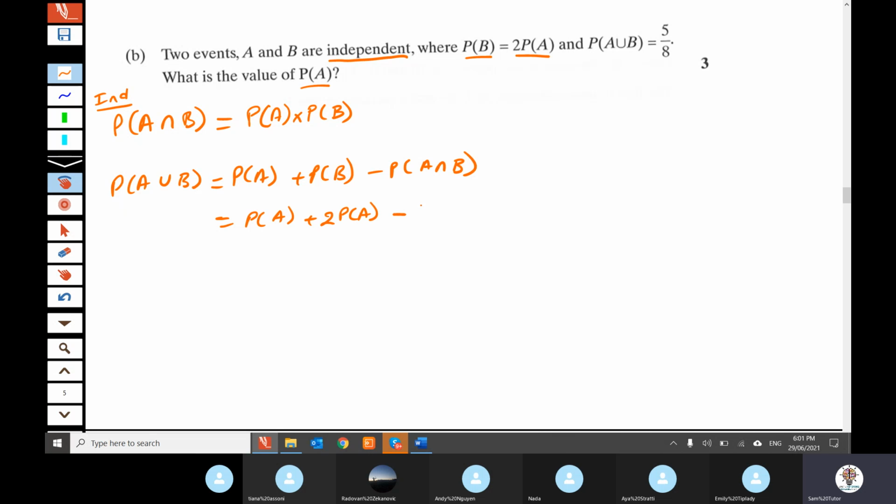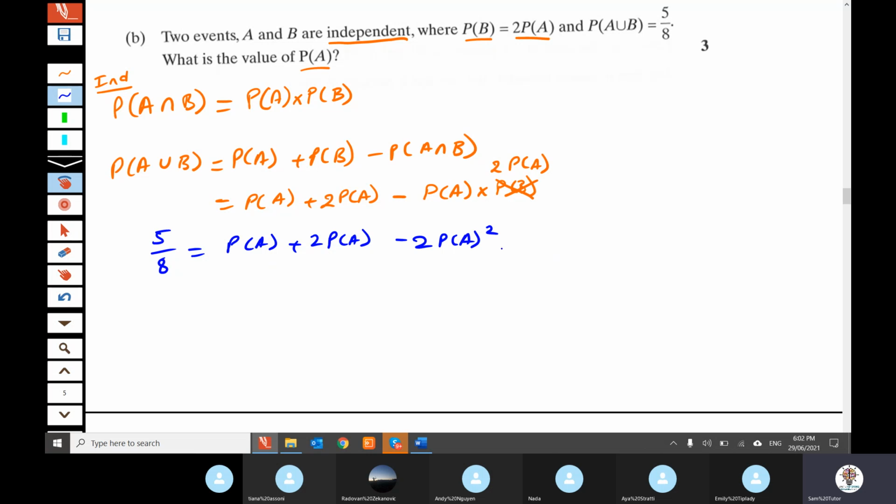Probability of A and B is probability of A times probability of B. But again, you would cross out probability of B and change that to 2 times probability of A. So now you've got only probability of A's, and you should be able to solve for probability of A. So 5 on 8 equals probability of A plus 2 times probability of A minus 2 times probability of A squared.